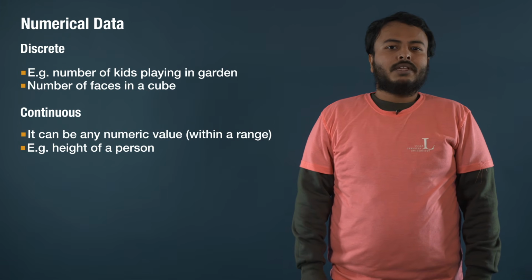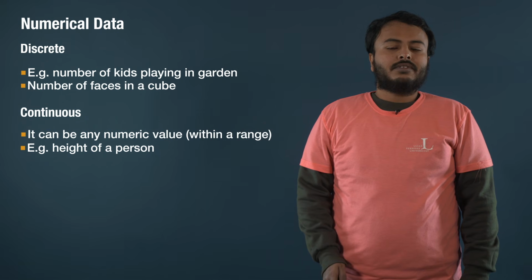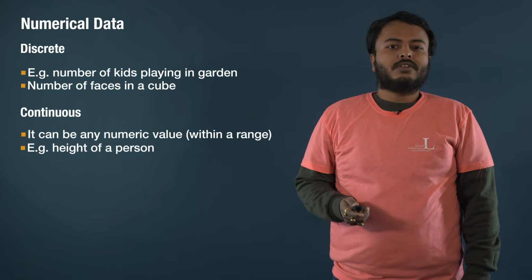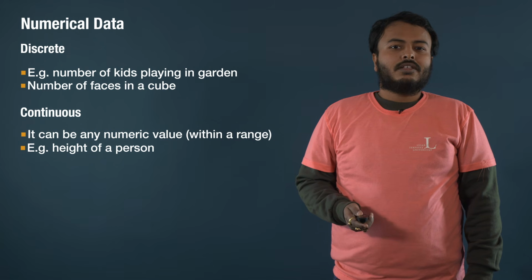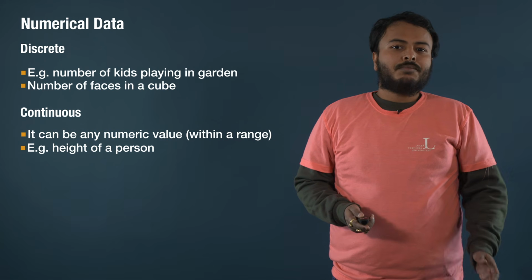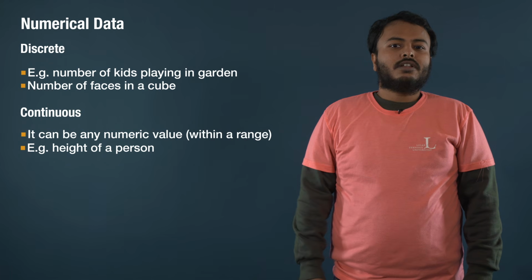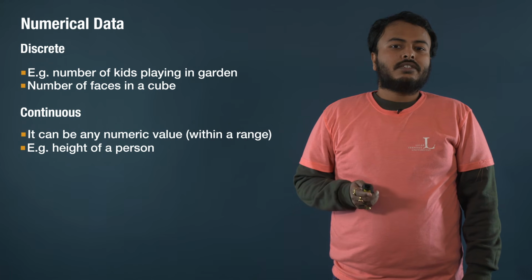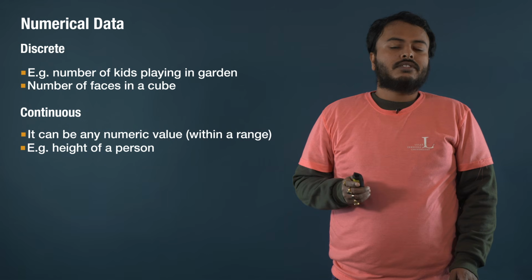Numerical. Numerical means any digit that we use in real life. For example, 1, 1.5, 2, 2.5, and numerical can be partitioned into two classes, discrete and continuous. Discrete is such that you have integers.